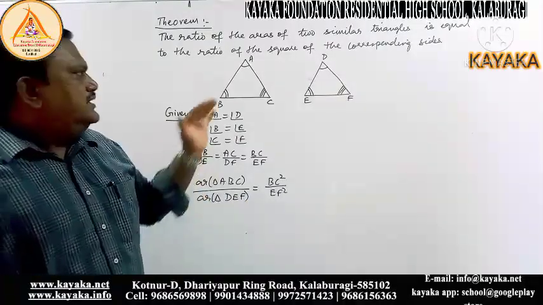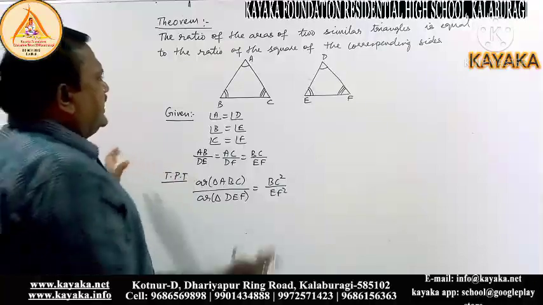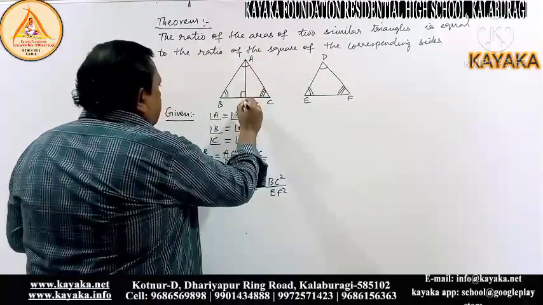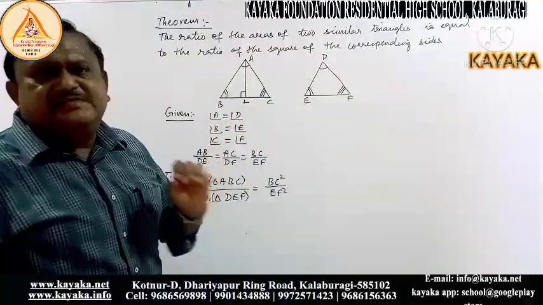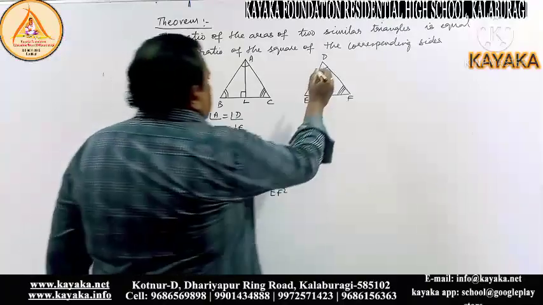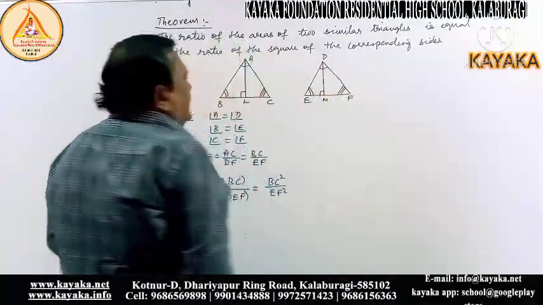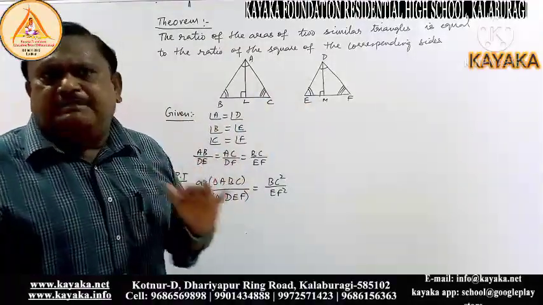Okay. For that, here we are going to draw one construction. The construction part is from A, we are dropping a perpendicular. Let AL be the perpendicular drawn to the base BC, and let DM be the perpendicular drawn to the line EF. That is the construction part.